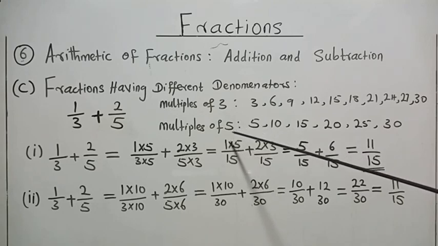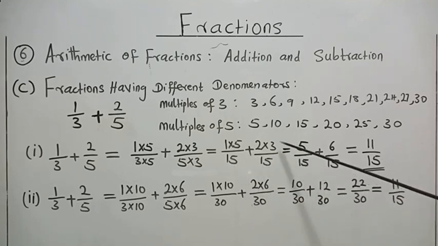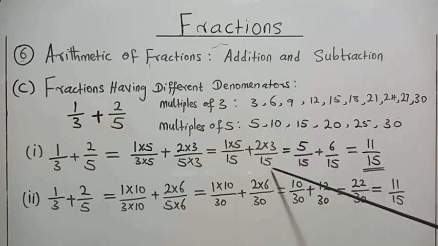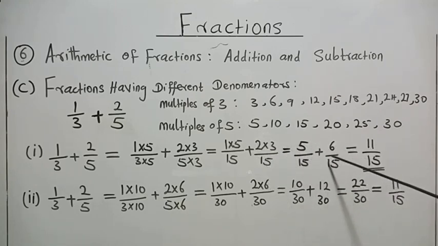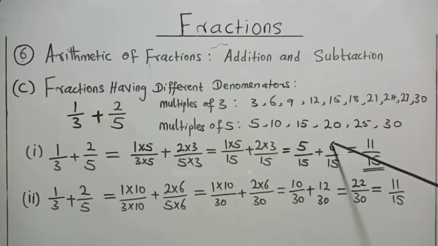Simplify by saying 1 times 5 is 5. 15 is still there, see it here. So the whole of this has become this 5 over 15. And the whole of this has become 6 over 15. Why? 2 times 3 is 6, then over 15. That will give us 6 over 15.